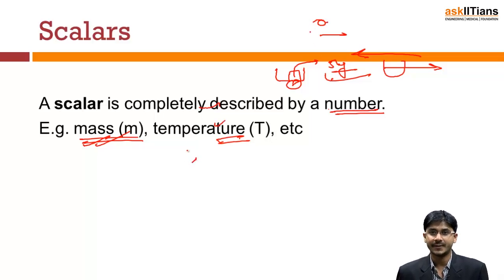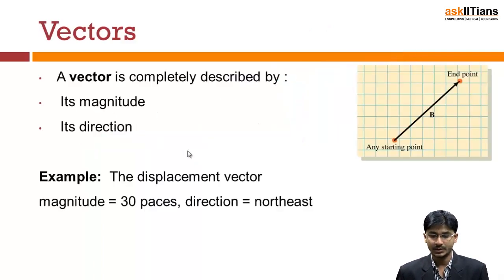Like the temperature, someone who is moving will still find the temperature to be the same. Someone who is at rest will still find the temperature to be the same. So you don't need to give a direction. By simply putting the number, we can tell that the thing given here is clearly defined, clearly specified, and that's what we call a scalar.